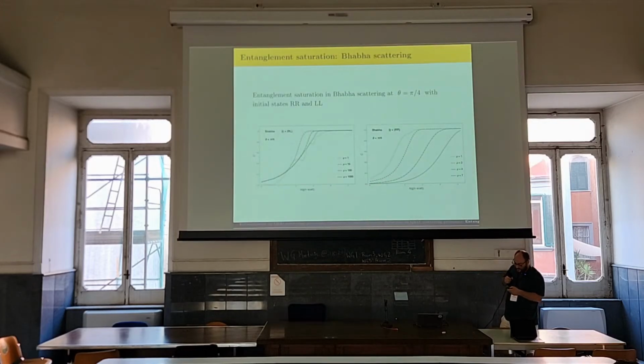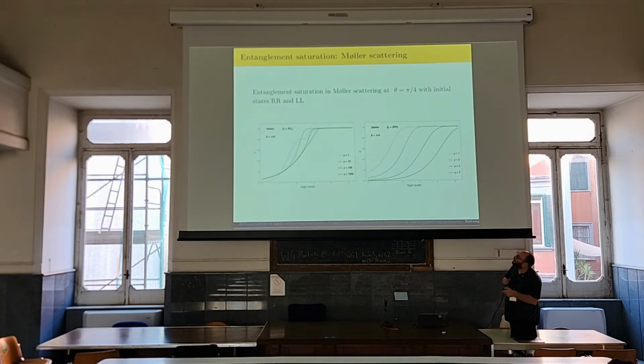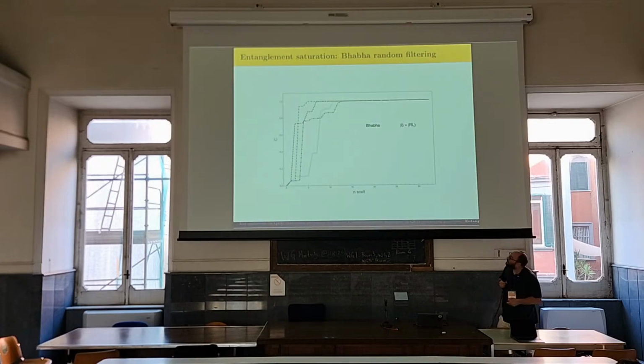And this is a plot that shows this mechanism. Starting from RL or RR state, we have a different physical situation. Here entanglement increases with more velocity, and this is the little difference between Moller scattering and Bhabha scattering. And finally, here we want to show what happens if I do random filtering.